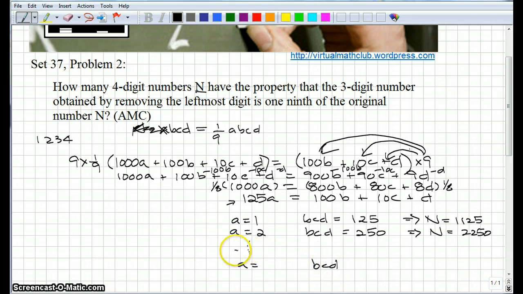We've got 125, and we know if we divide that into 1,000, we get 8, because we already kind of did that up here. But 8 is too big. If we take 125 times 8, that gives you a 4-digit number, not a 3-digit number.